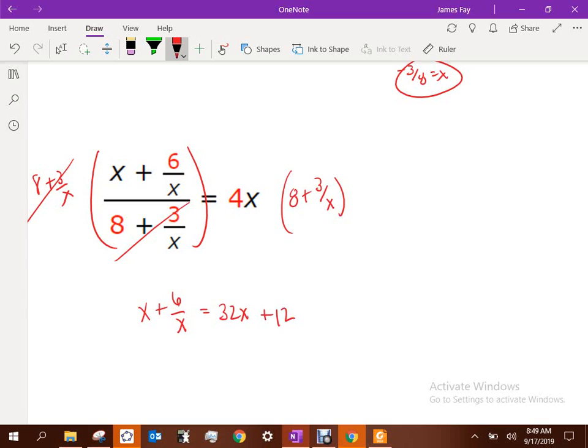So it's going to give me 12, right? Still got a denominator here of x, so let's go through and multiply everything by x to get rid of that. Does that give me 31x squared plus 12x minus 6 again?